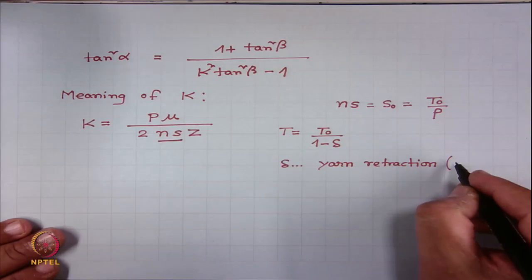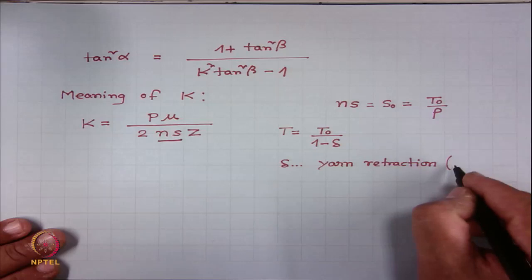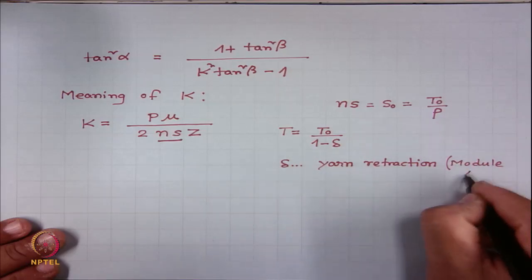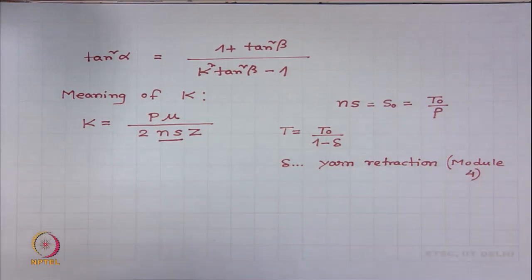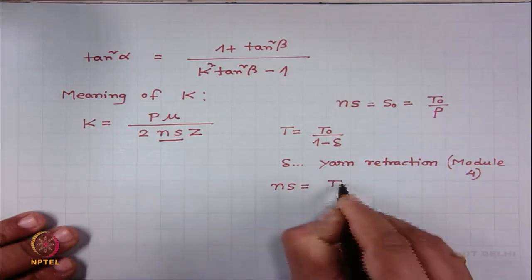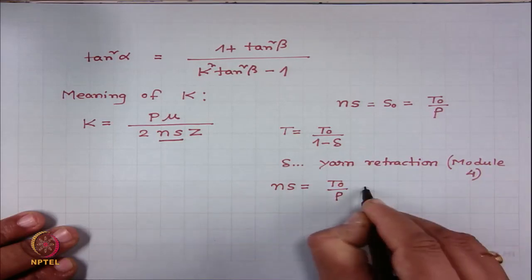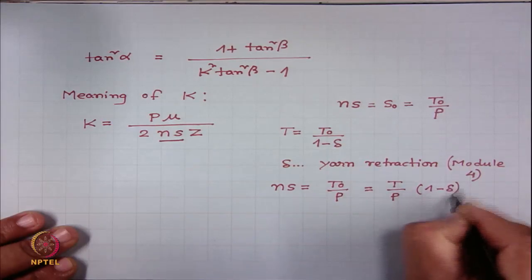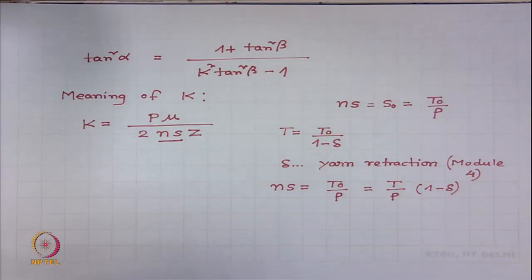Yarn retraction was discussed in helical model of fibers in yarn, that was probably module 4. Right. So, this Ns is T naught by rho, that is equal to T by rho into 1 minus retraction, right. T, capital T is yarn fineness.